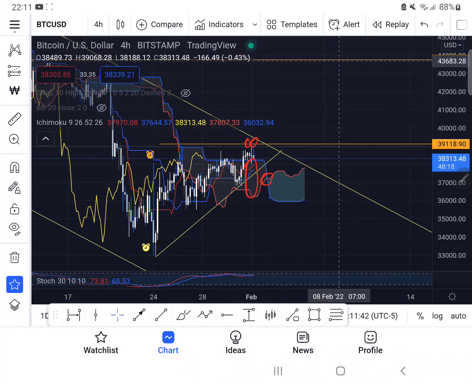By now, the Kumo is twisted to the uptrend, but it is also flat right now. The thickness is okay. The top of the Kumo is up, and the base of the Kumo is flat. In the cryptocurrency market, the price actually moves very fast, at very high speed, so we will be trading carefully. The Tenkan-sen is up and the Kijun-sen is flat right now.